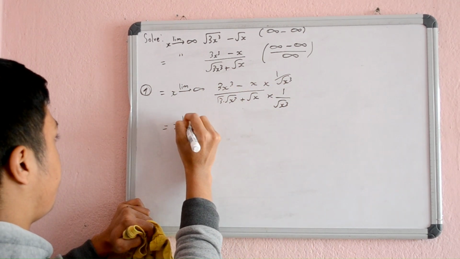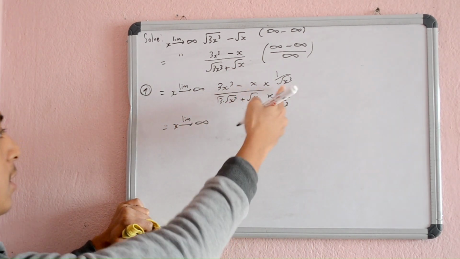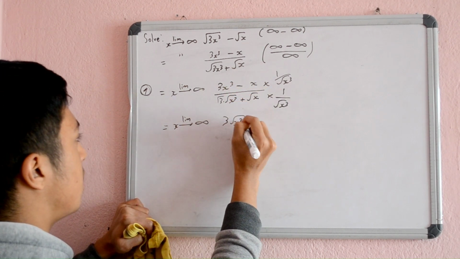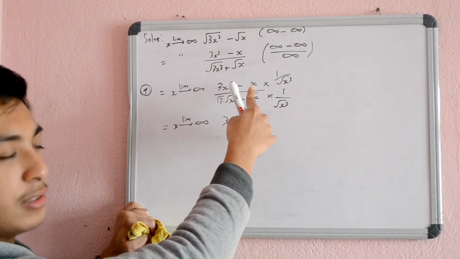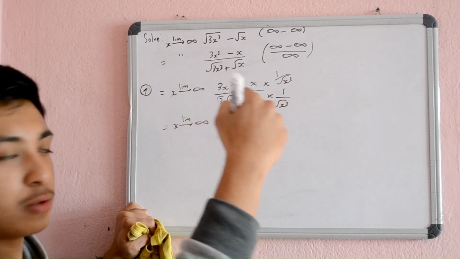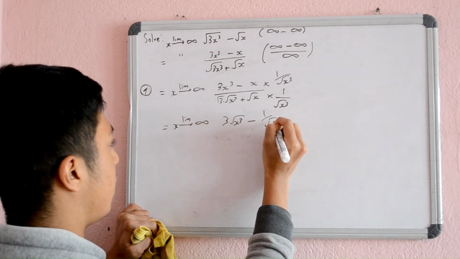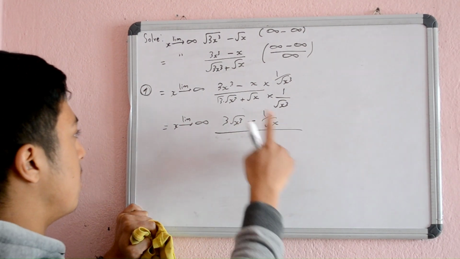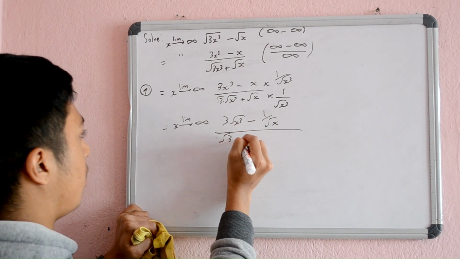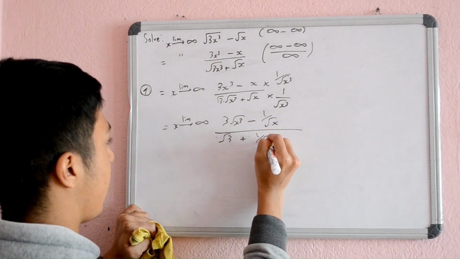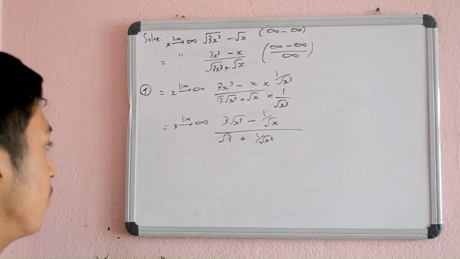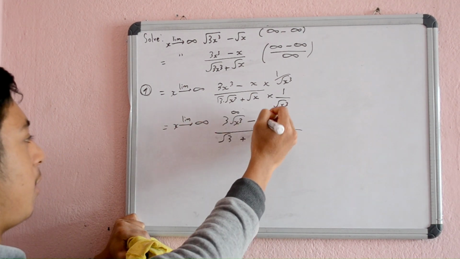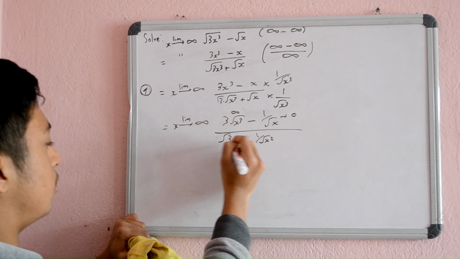So now we get, well, this is just the square of that, so root 3x cube minus x, you can rewrite it as x square root, so this is 1 by root x by, this is just root 3 plus, this is just 1 by root x square. Now put the limit in. This part is infinity, this part 1 by this is 0, this is root 3.